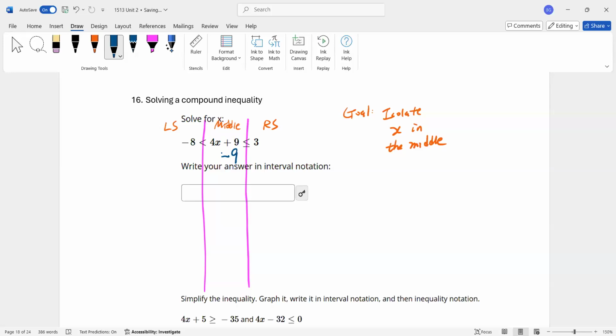But we have to do the same thing to the left and to the right. After that, let's see what we have. In the middle, we have 4x, because 9 and -9 cancel each other. Bring down the inequality symbol. On the right, 3 minus 9 is -6. On the left, -8 minus 9 is -17.